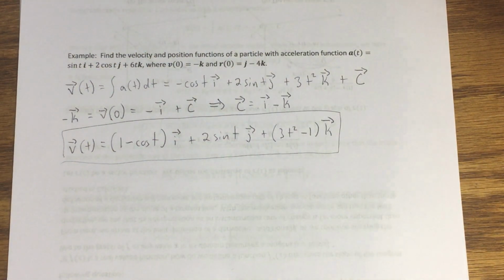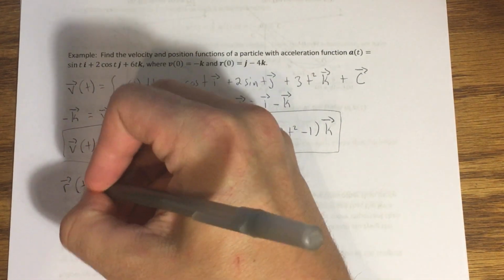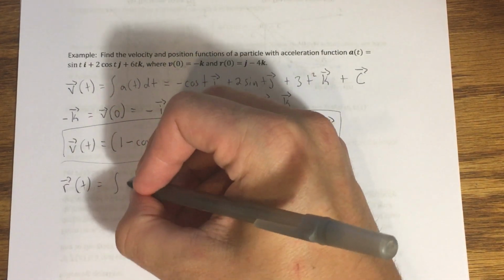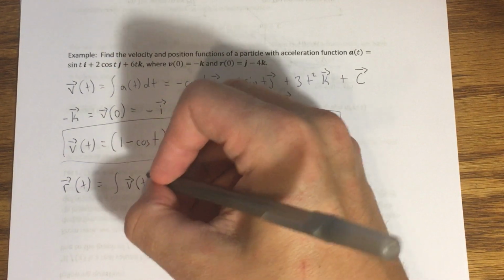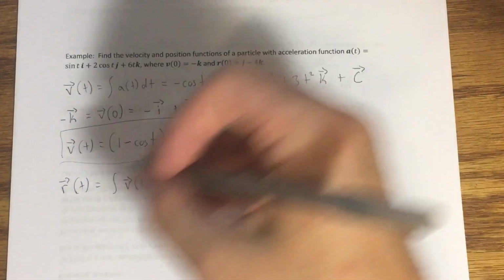Now we need a position function. And again, same idea. Position would be the antiderivative of velocity. So r of t will equal the indefinite integral or antiderivative of v of t dt. And I have v of t right here, so I'm going to take the antiderivative.